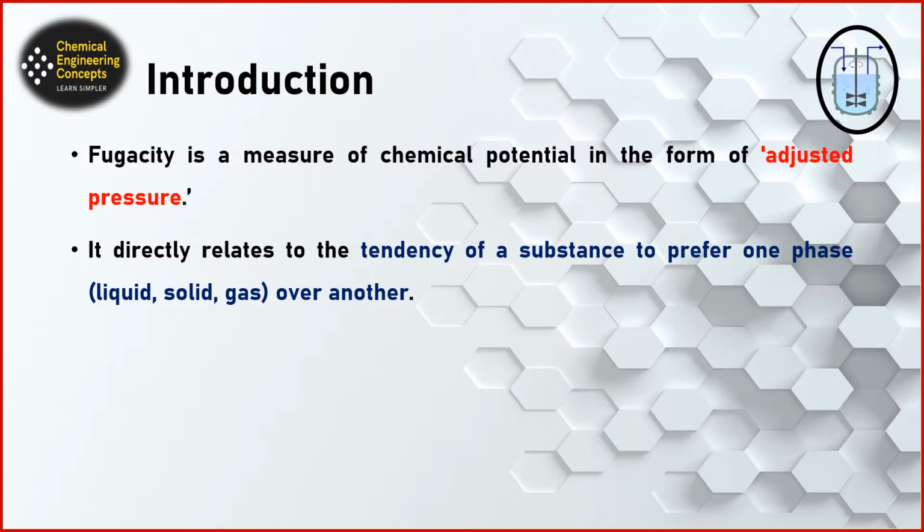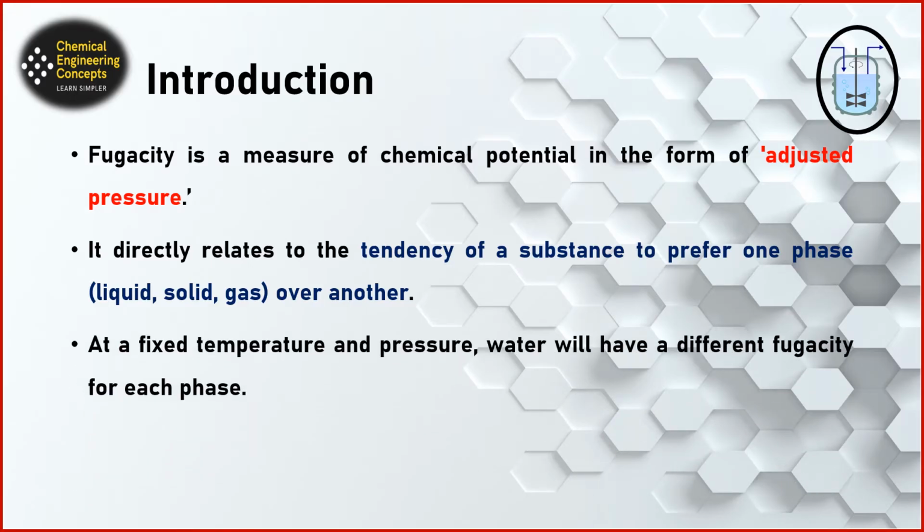It can be present in liquid, solid, or gas. Okay, let's take an example of water. So at any fixed temperature and pressure, water will have its different fugacity for each phase, guys. Fugacity simply means its preference to be in one phase over another.